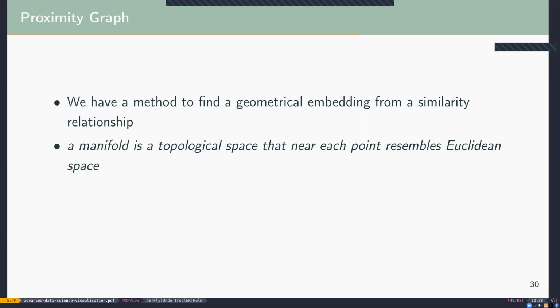The definition of the manifold was a topological space that near each point resembles a Euclidean space. What this says is that if I have some vectorial data, I can measure the local distances faithfully by doing the Euclidean distance. It's just going to go far away. I can't, right? That's effectively what this says.